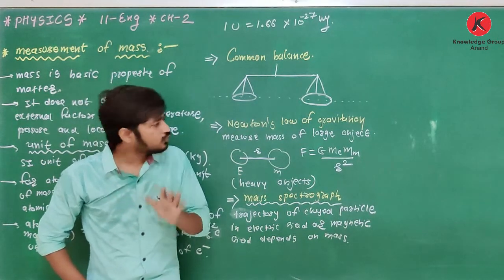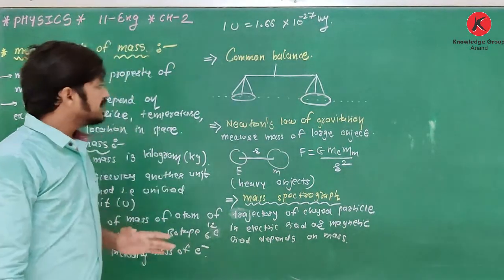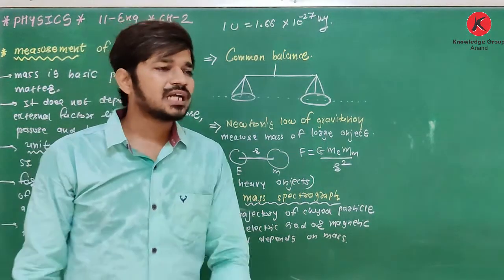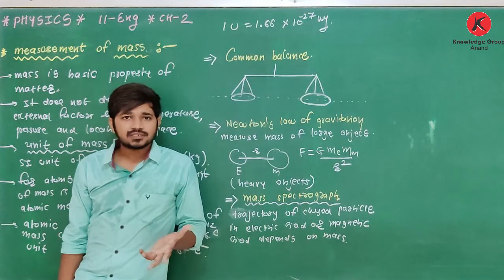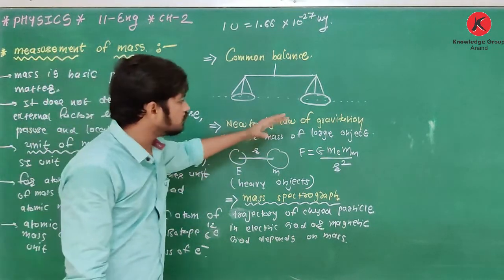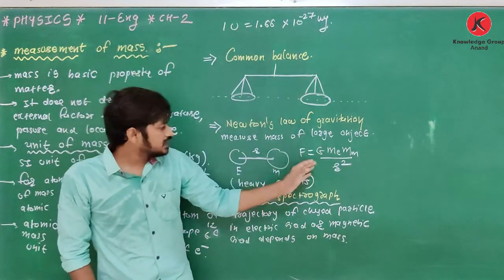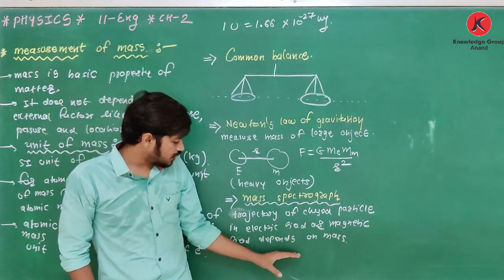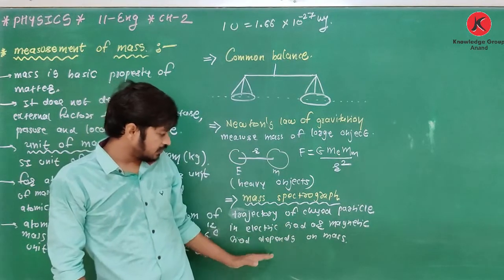Clear about this? Again, in this 11th, chapter number 1 and chapter number 2 are introductory chapters, so you have to accept something. For example, Newton's law of gravitation: right now you have to accept this equation, we will discuss it in chapter number 8 in 11th. Mass spectrograph, what is this relation, that the trajectory of a charged particle in an electric or magnetic field depends on mass?